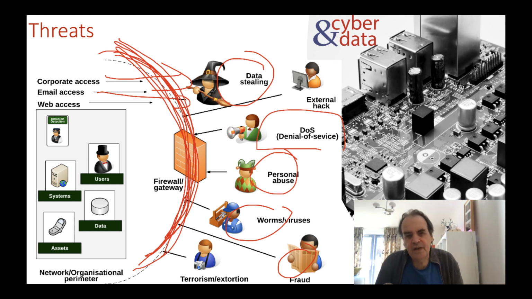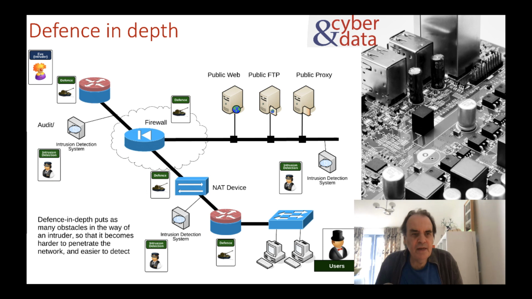So the firewall itself is the most basic of defences and really tries to stop the intrusion before it gets into the organisational network. Okay, so this shows a very simple architecture with a firewall here.